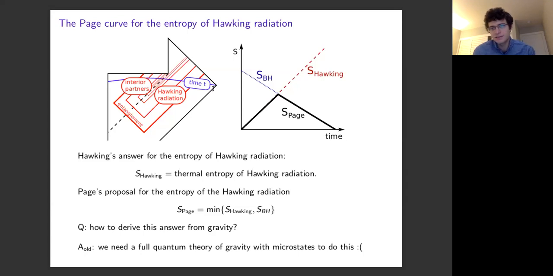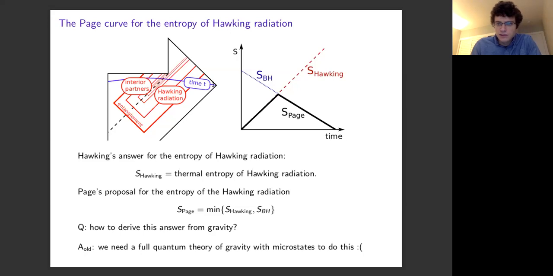As you'll see in a second, we're going to move to AdS, where it's a little bit easier to make this precise. But let's imagine that we have some slice along here, very close to Scri plus. We would compute the entropy of all the Hawking radiation that has hit Scri plus before this time. That's if we want to define it at infinity, and we probably should do that in the quantum gravity theory, but at least approximately we could define it on this blue slice here.